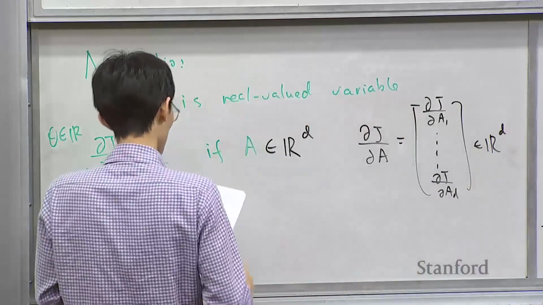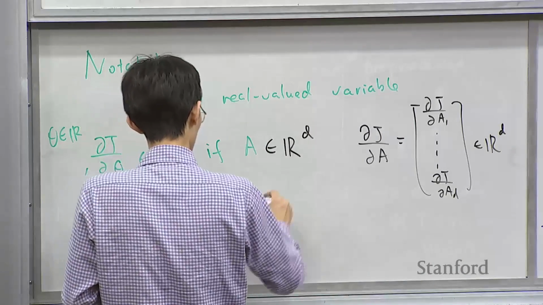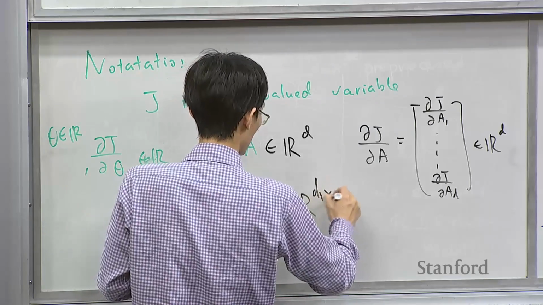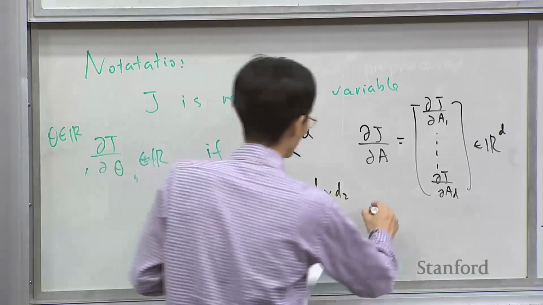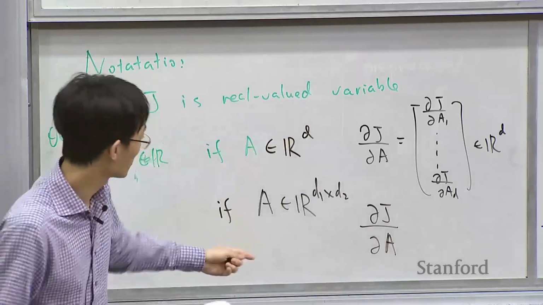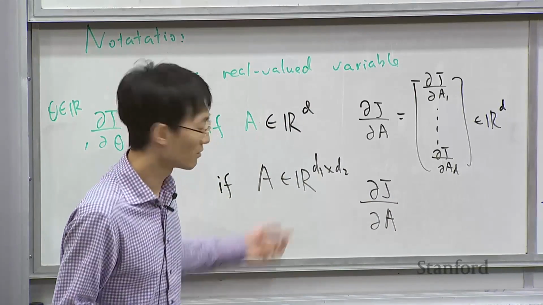And we are also going to get into the situation where A is a matrix. Maybe A is a matrix of D1 by D2. Now what this notation means becomes a little bit tricky, because in different literature there are slightly different conventions.